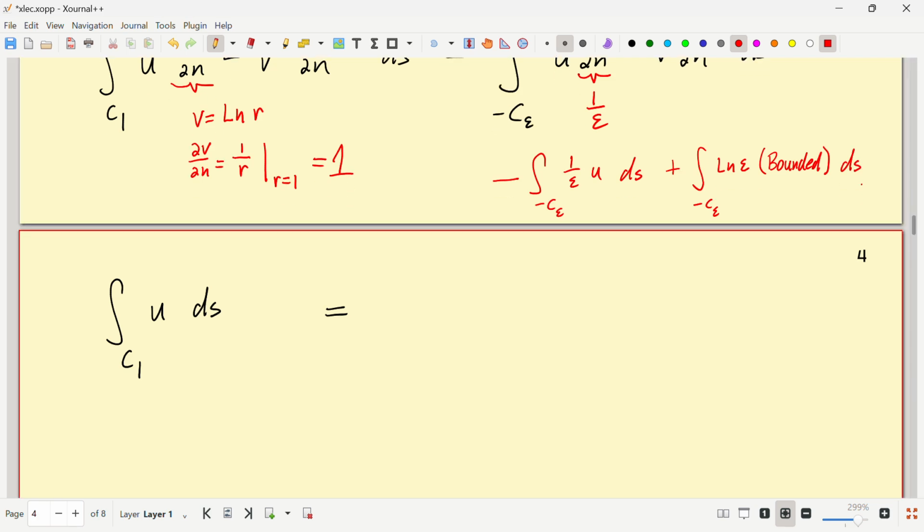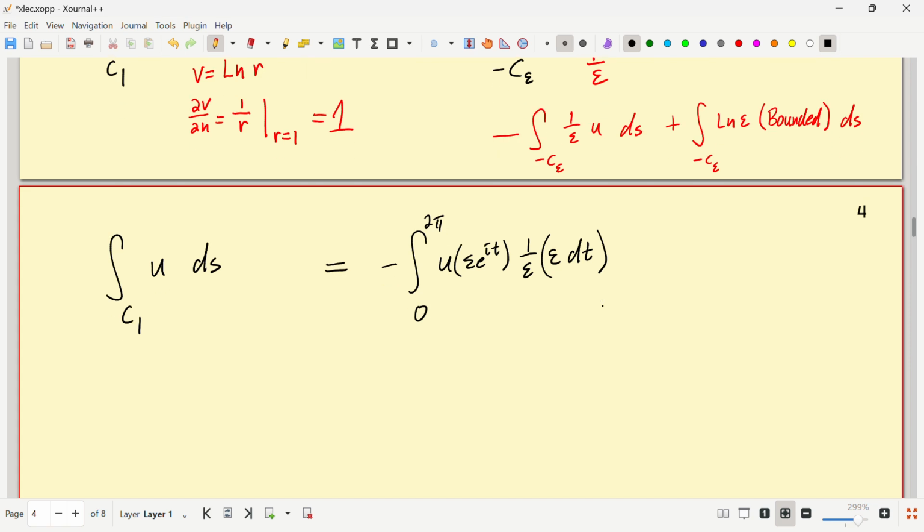Okay, let's think about that first integral. Let me calculate that integral. Integral from 0 to 2 pi of u at epsilon e to the it. 1 over epsilon sits there, and the element of arc length is epsilon dt. The great thing is that the epsilons cancel, 1 over epsilon gets canceled by the epsilon dt.